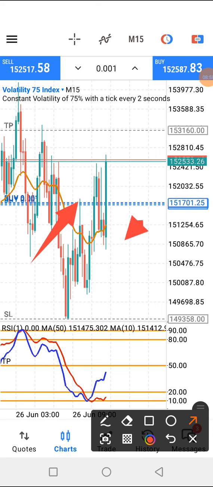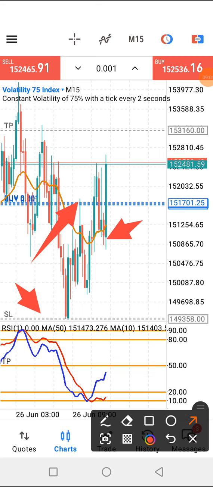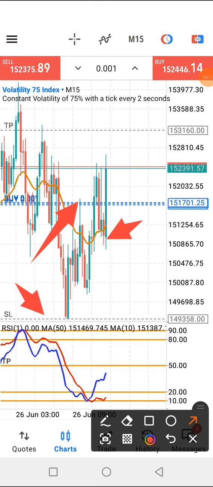It made a bit of drawdown to this extent before it later went up. Now this is where my stop loss is. This is the swing low. It is even too close, right? It was too close at that point.